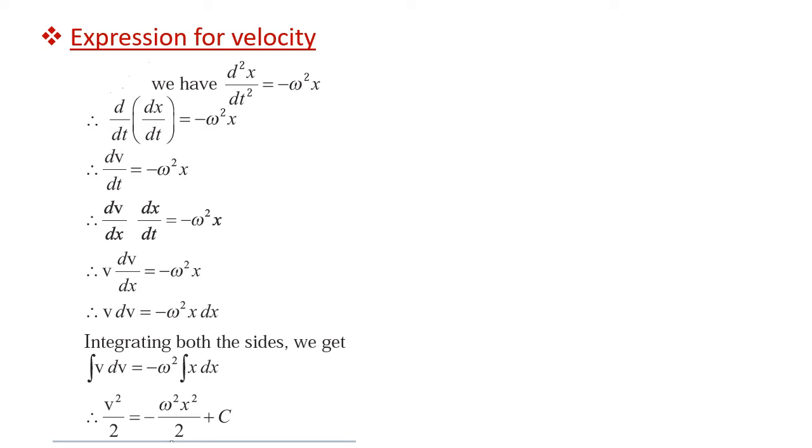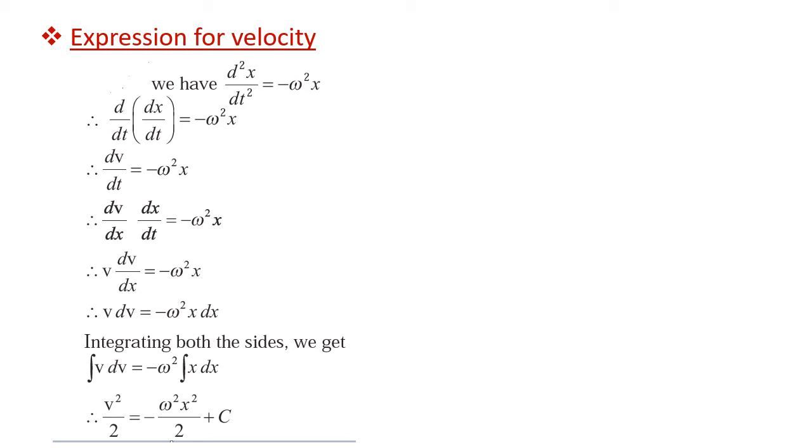Now the same expression dv upon dt can be written as dv upon dx into dx upon dt is equal to minus omega square x. The meaning remains unchanged, as we are dividing and multiplying by dx; this dx will get cancelled and we will have dv upon dt as it is.